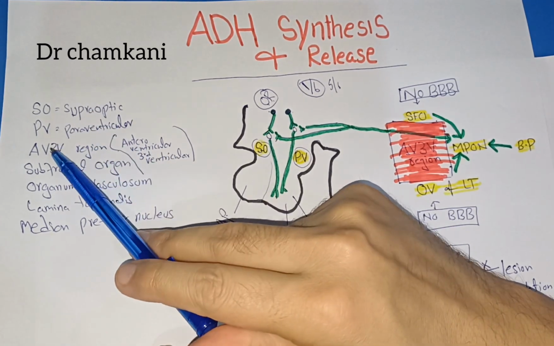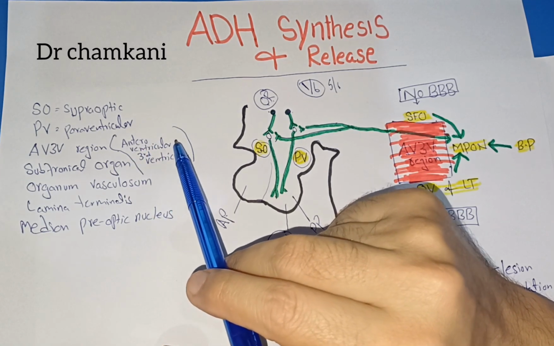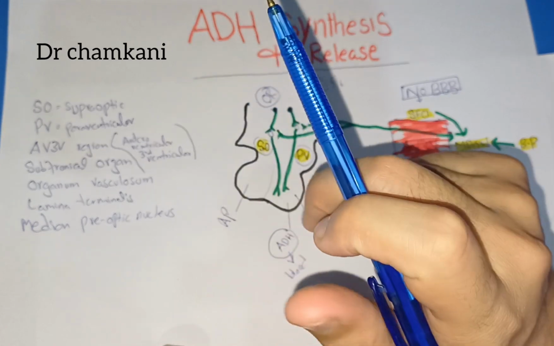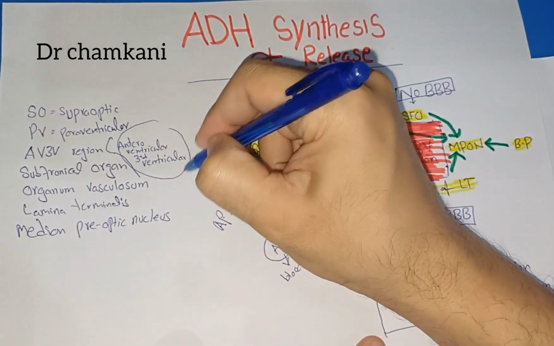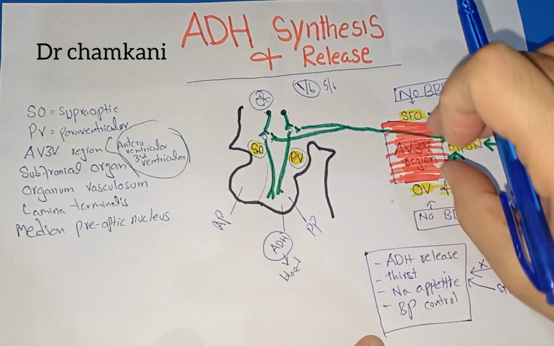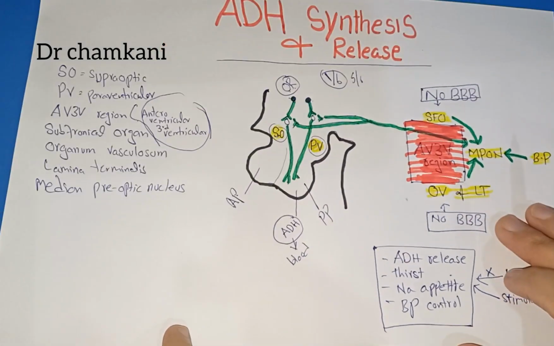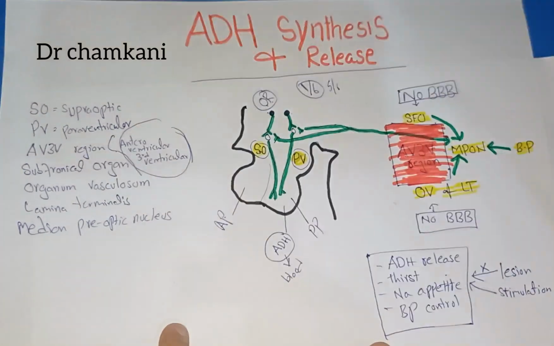So that's why it is known as the AV3V region. Now, we will not go into the detail of neuroanatomy, but just remember that the name of this region is AV3V area because it is located in a specific part of the third ventricle.